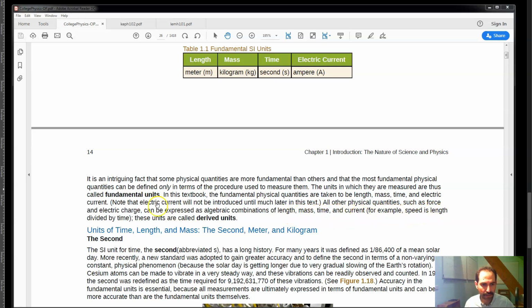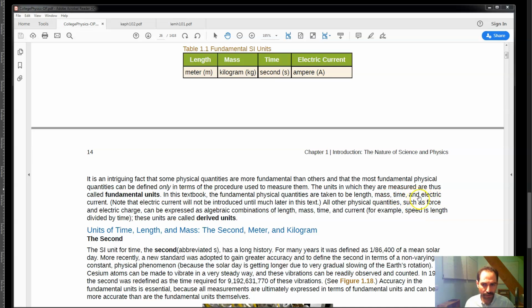For example, speed is length divided by time. These units are called derived units. So we have the fundamental quantities, which we have 4 of them: length, mass, time, and electric current. These are physical quantities, not units.